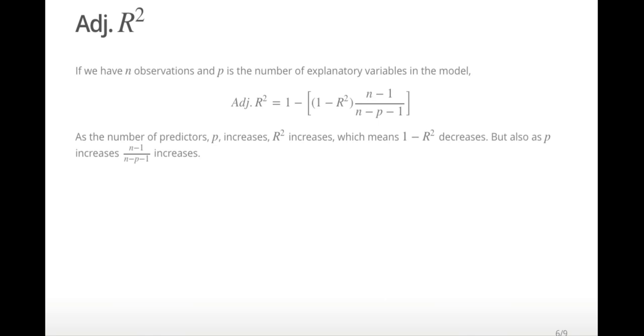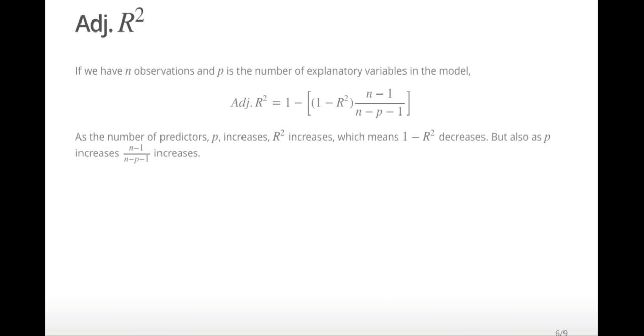The part inside square brackets on the right side of the equation has 2 competing pieces. Where the 1 minus R squared piece decreases as the number of predictors increase, the fraction n minus 1 over n minus p minus 1 increases.